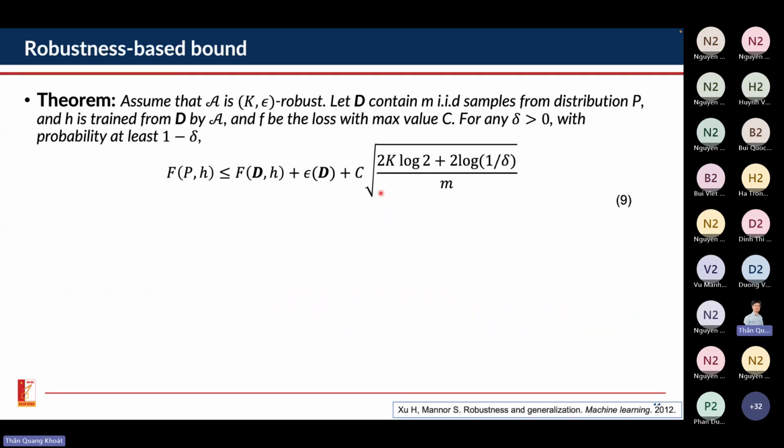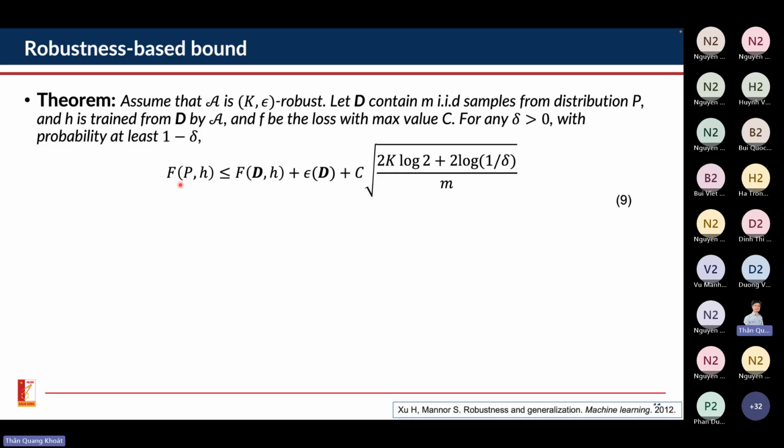For example, let's use epsilon d to represent the robustness of a learning algorithm. Then we can connect that to the generalization error of a trained model by this result.